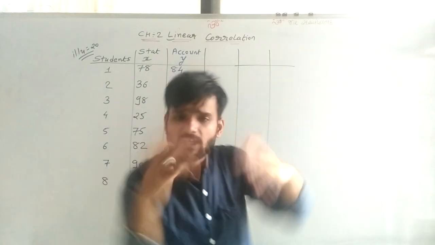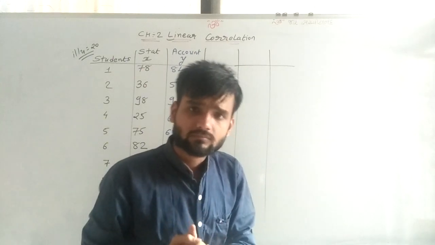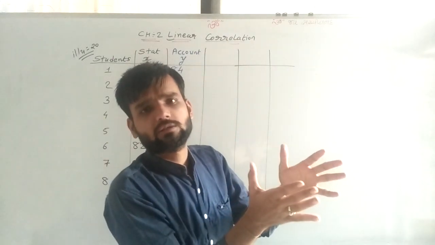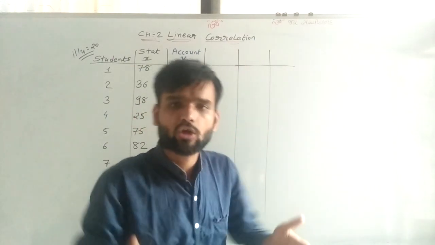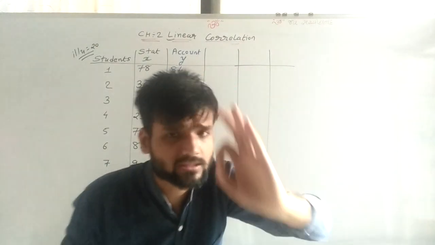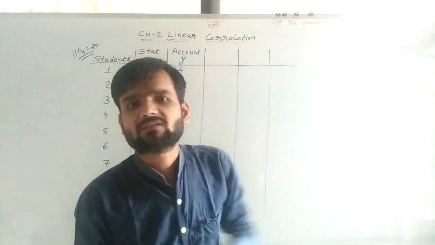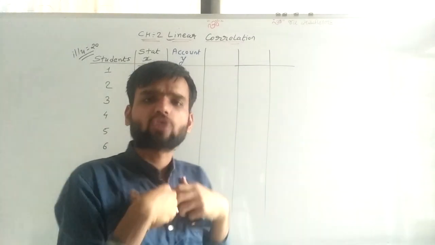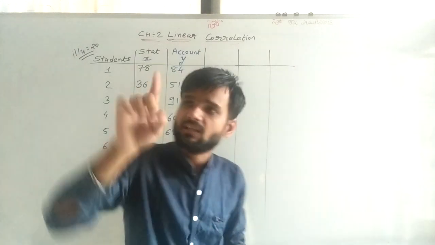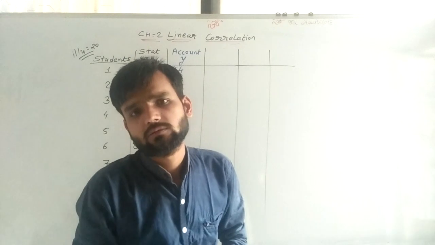Whether a student is brilliant or not cannot be measured. How clever a student is cannot be measured directly. How are we measuring it? It is measured only by their marks. If we know the marks of that student, then we can say yes, he is a brilliant student or she is a brilliant student.